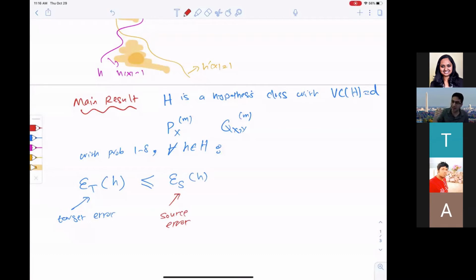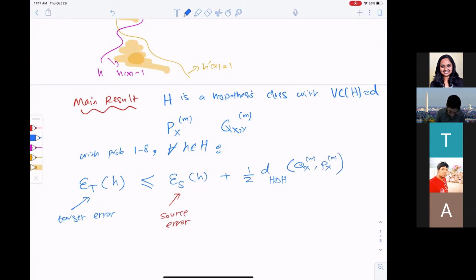But we need additional terms, right? Because we know if source and target are not related to each other, then we are not going to be able to adapt a function from the source to the target domain. So the additional term, in fact, comes from the H divergence. If I look at H delta H, these are the disagreements between two functions in my hypothesis class. And if I compute that divergence between unlabeled source and unlabeled target samples, that's going to be my second term.